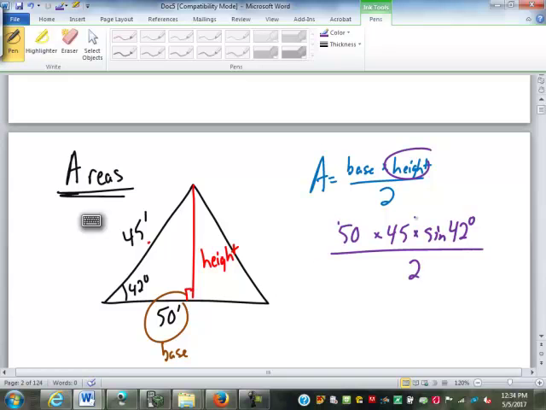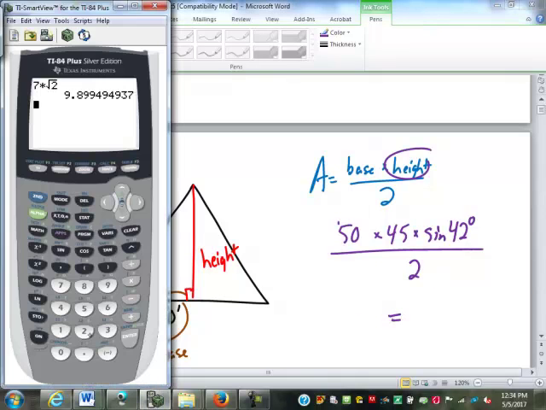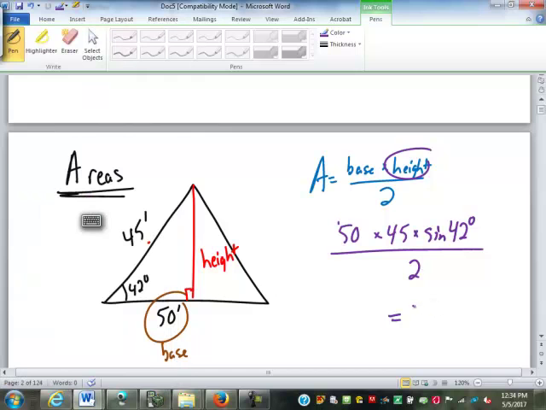So 50 feet times 45 feet times sine of 42 degrees over 2, which gives us an area of 752.77. And all those lengths are in feet, so that is in square feet.